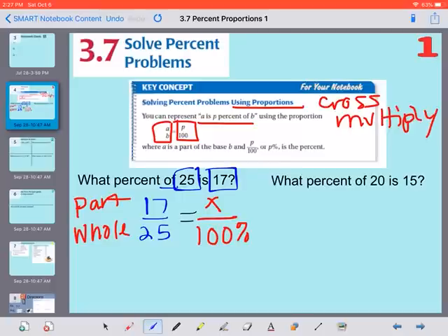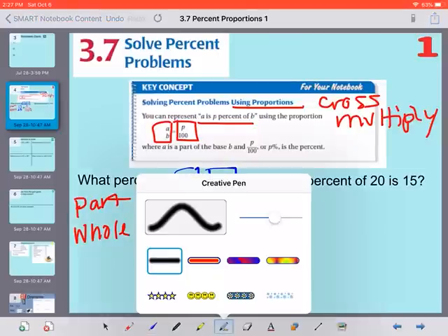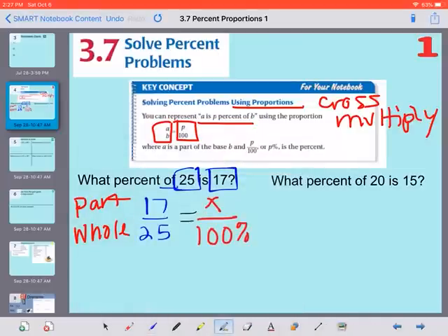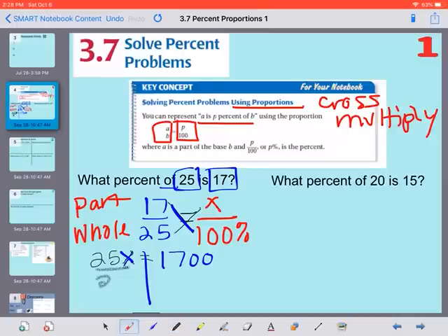So all we're going to do is cross multiply to figure out what percent is 17 of 25. So let's cross multiply here. We're doing 25 times x is 25x. 17 multiplied by 100 is 1,700. And then dividing by 25, 25 divided by 25.